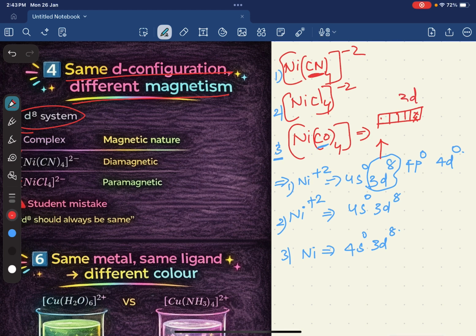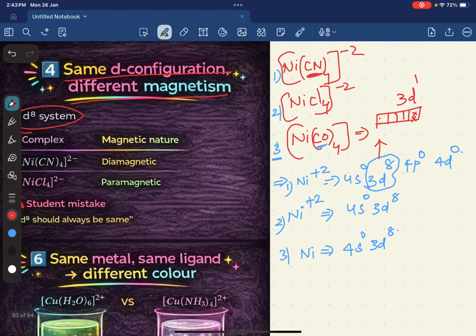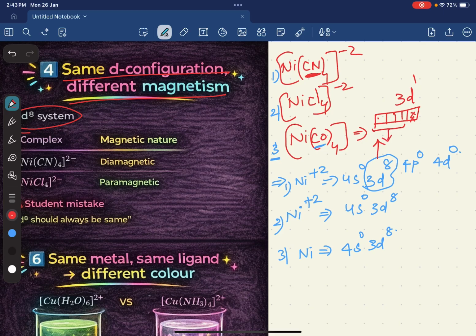So this 3d orbital is filled with ligand electrons, because the others are filled with metal electrons, and along with this 4s and 4p, here also 2 in the p orbitals are filled like this. So one d orbital, one s orbital, and 2 p orbitals are involved. So it is dsp2, square planar shape and diamagnetic in nature. That's what you have to know here.